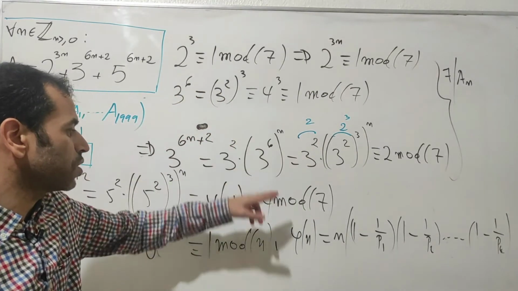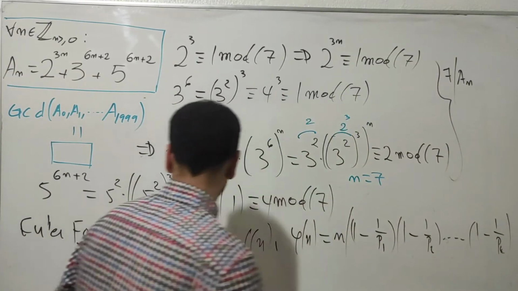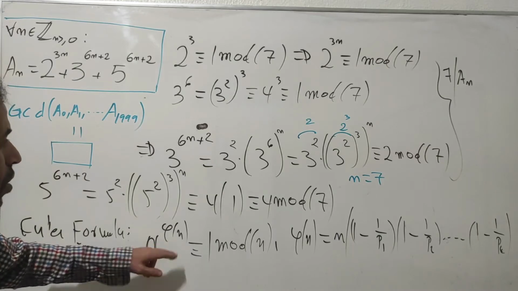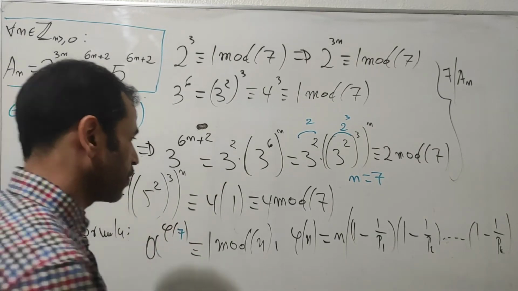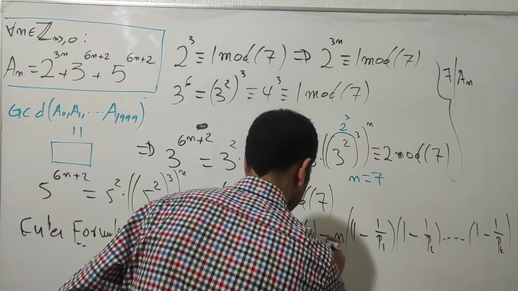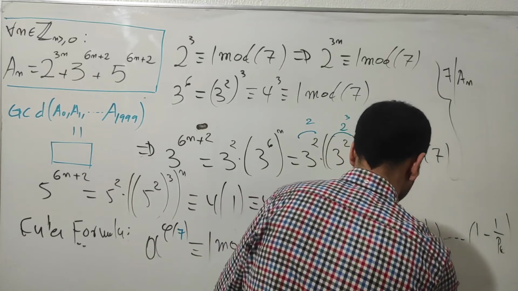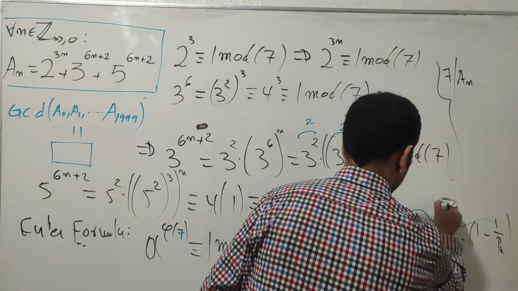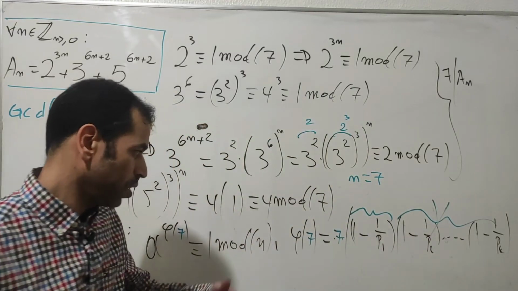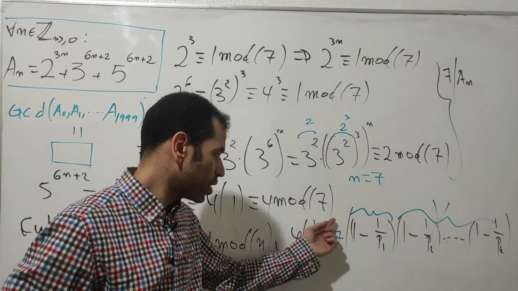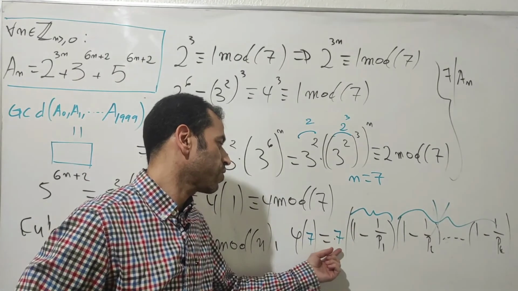For our example, taking n equals 7, we will determine phi of 7. I'm going to replace n with 7. We are taking only the divisors of 7, only the prime divisor of 7, which is 7.